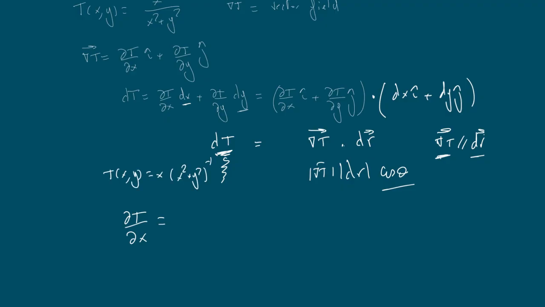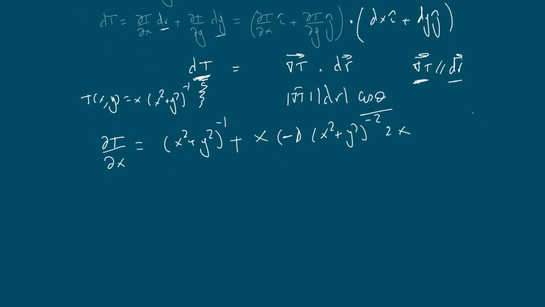So the derivative of T with respect to x will be the derivative of the first, 1, times the second, plus the first multiplied by the derivative of the second, which is minus 1 times (x squared plus y squared) to the minus 2, multiplied by 2x.